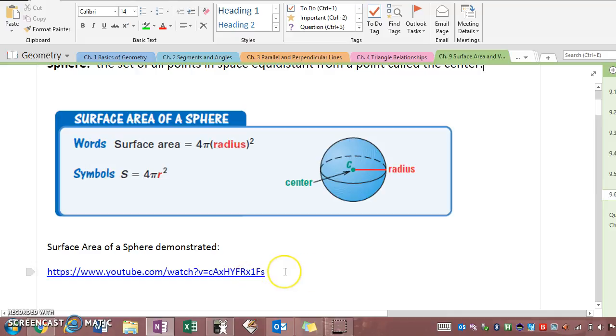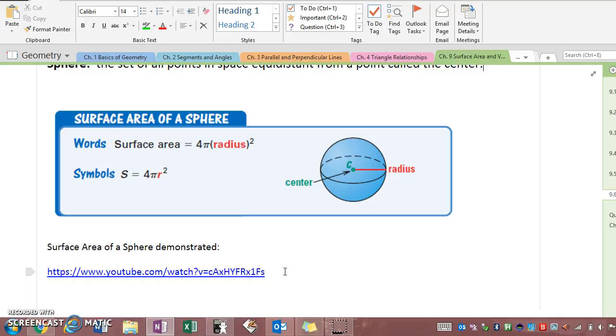You could click on that or copy and paste it into your browser. It's not exactly accurate, but it gives a good demonstration of where the 4 in the 4 pi r squared comes from.